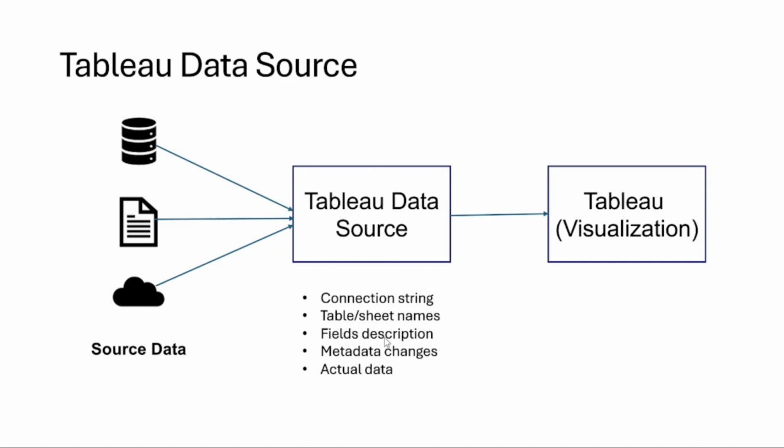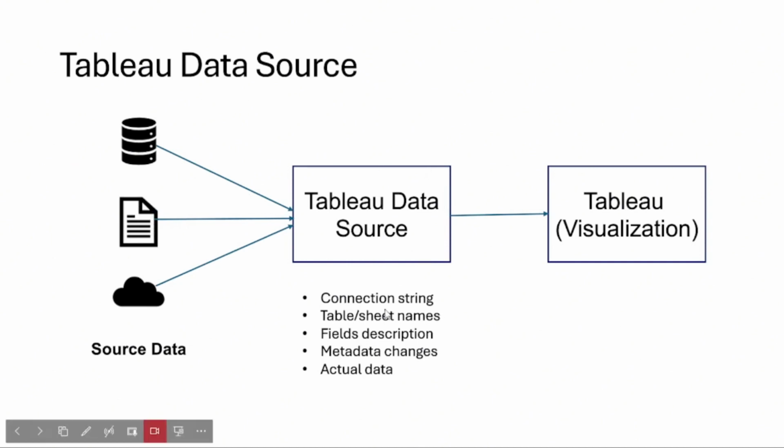It also holds information about metadata changes. So if you are creating any calculated field or any group, that information and any other features will also be present in the Tableau data source. It also holds actual data. For example, if you have a flat file, the actual data will also be present in the Tableau data source.